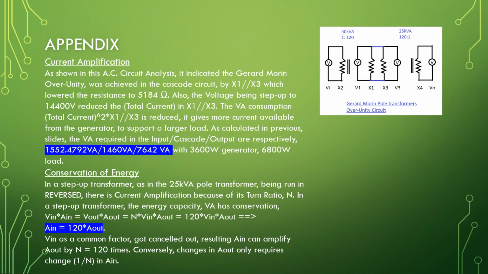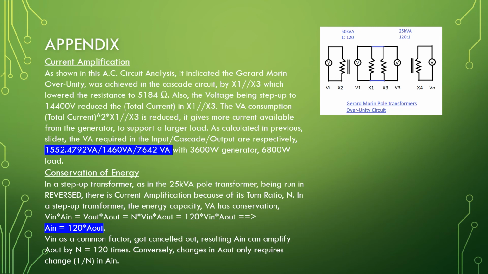Conservation of energy. In a step-up transformer, as in the 25 kVA pole transformer being run in reverse, there is current amplification because of its turn ratio N. In a step-up transformer, the energy capacity VA is conserved. V in times A in equals V out times A out equals N times V in times A out equals 120 times V in times A out, implying that V in equals 120 A out.